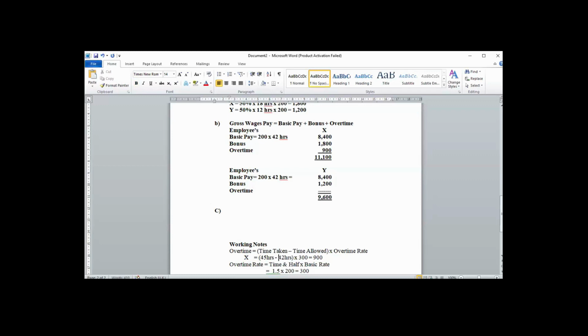Good units made, yes. Wages cost per good unit made.